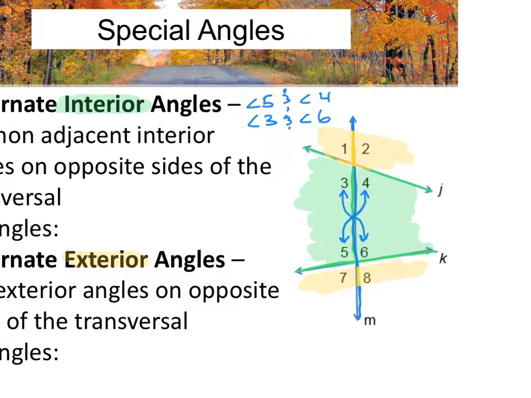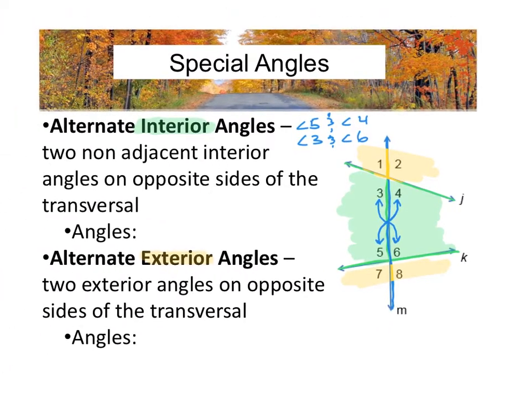They also cannot be adjacent. So let me just add that in there, non-adjacent. Meaning 7 and 8 are exterior angles, and they're on opposite sides of the transversal, but they are adjacent. It can't be those.